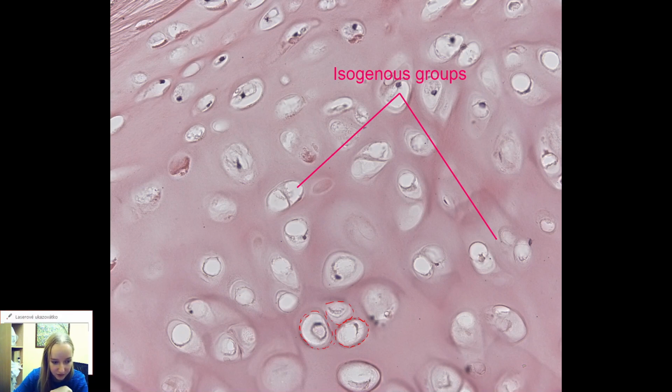we have filling here between chondrocytes and here around, and this is territorial matrix that is here also between chondrocytes and like this all around.